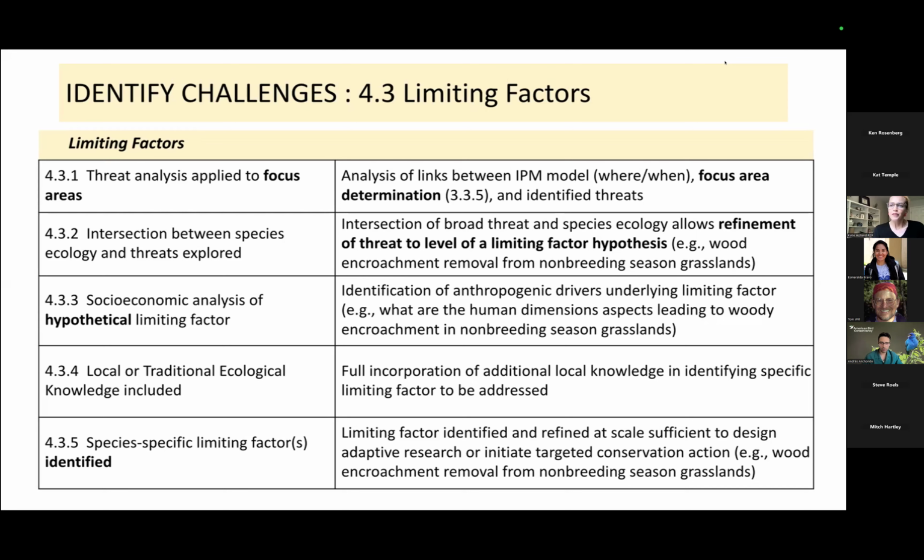And we feel good about moving towards that implementation because we feel strongly that we've identified the right issue to be addressing. And that is our limiting factors section, which I know you all have comments and thoughts on.